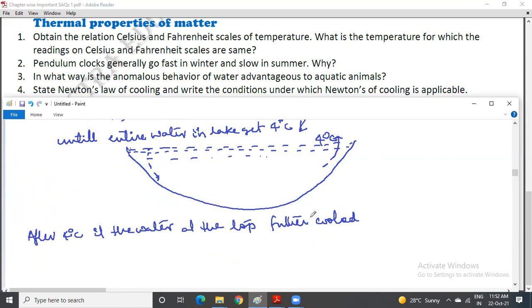And then it will not go down. It will not go down due to anomalous expansion.